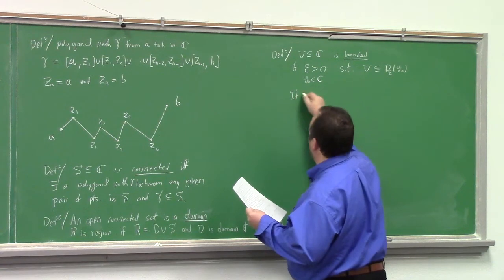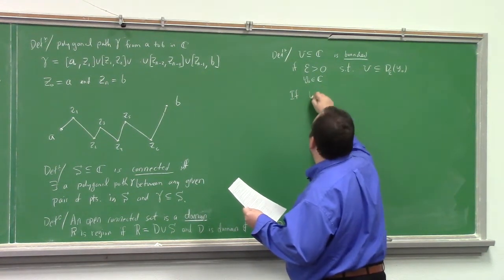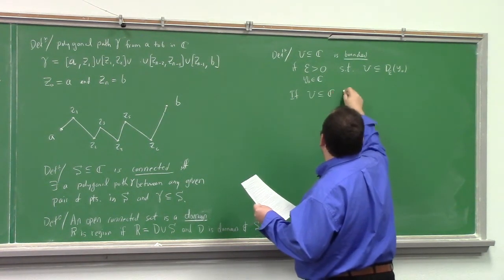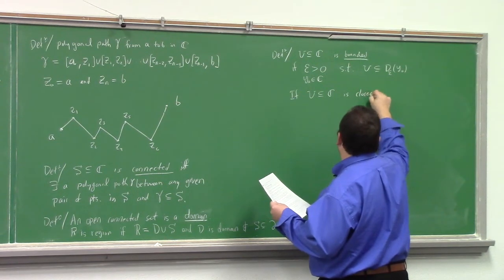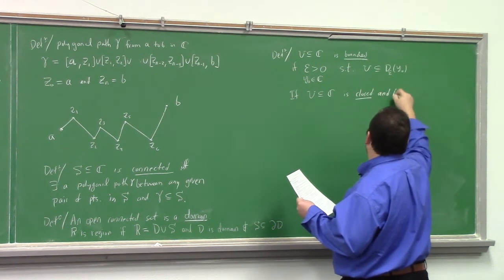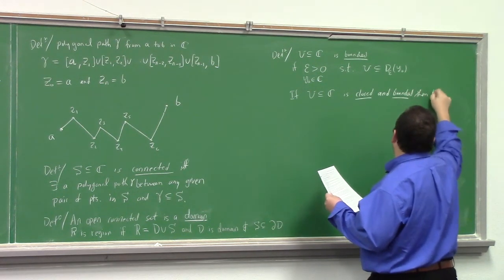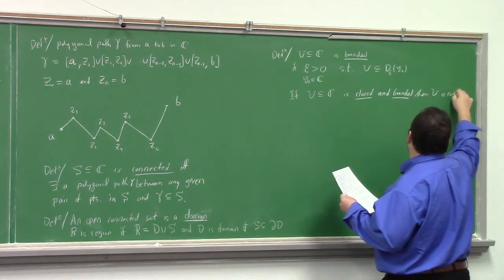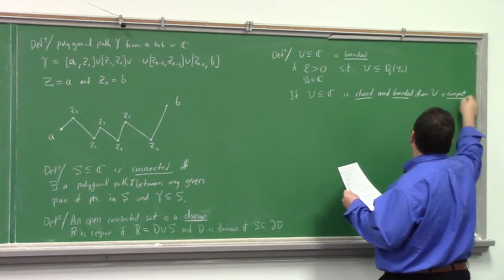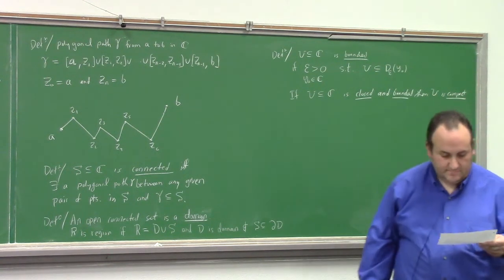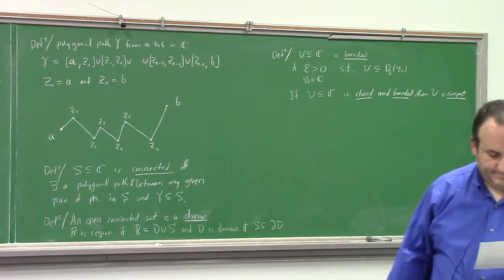If U, a subset of C, is closed and bounded, then U is compact. So compact means closed and bounded.